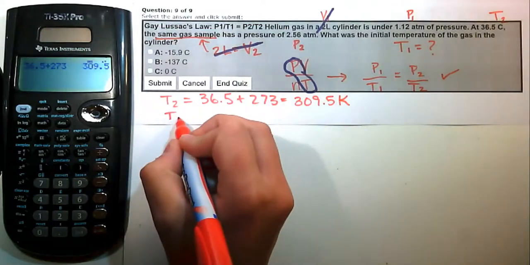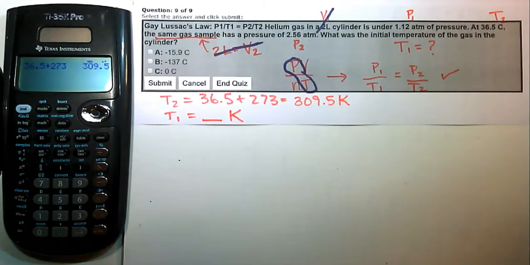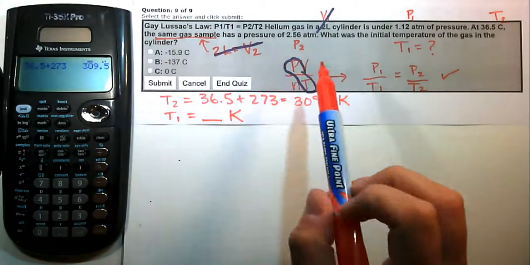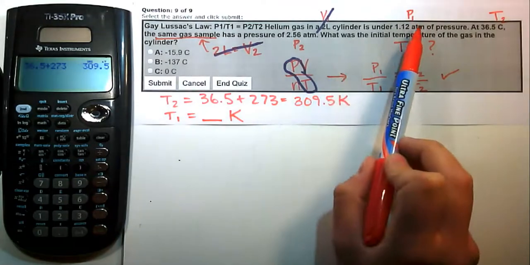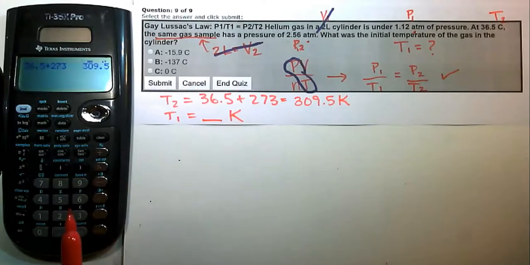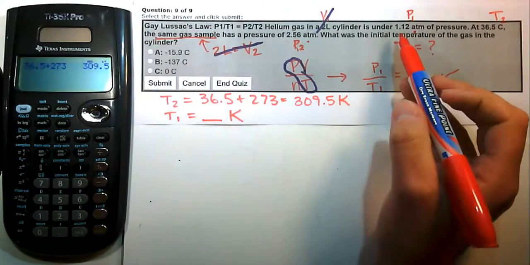And then our T1 value is also going to come out in Kelvin. Alright, so now that we have our temperature in Kelvin, we can check our units of pressure. Our P1 is in atm, our P2 is also in atm, so we don't need to do anything to those values, so we can substitute into our equation.